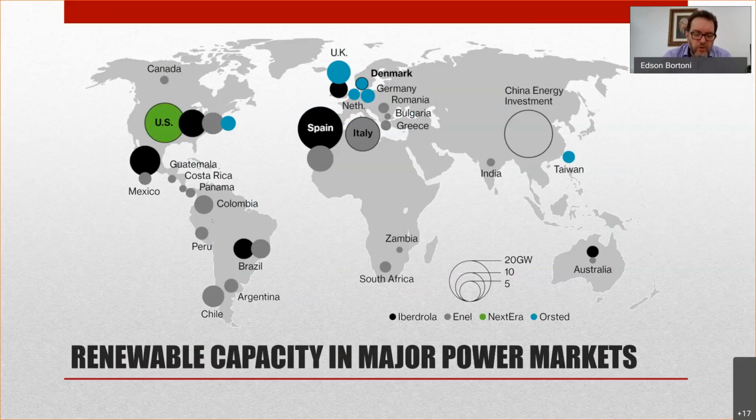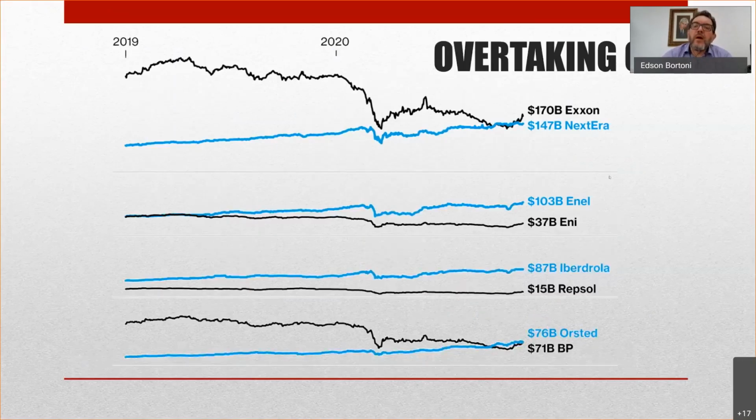This picture shows the importance of renewable energy demands. For example, in the United States, the oil company Exxon has almost the same value as a renewable company.